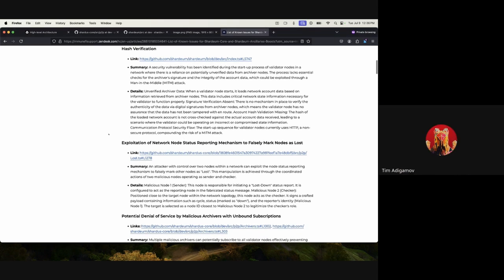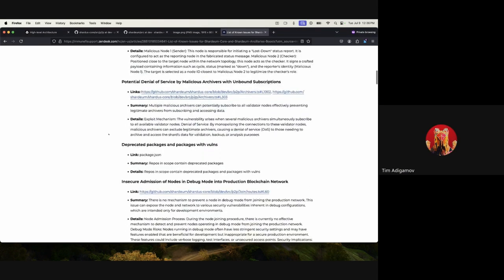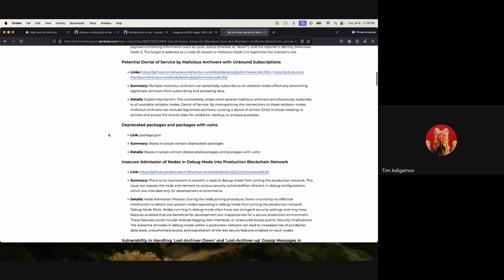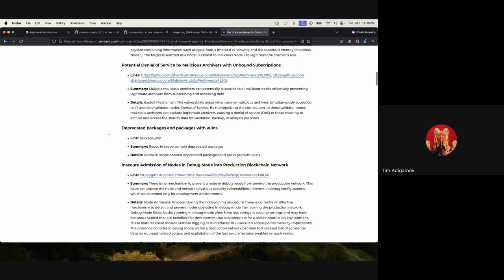Yep. So please go to potential denial of service. There is a limit here. When we have a validator network, the validators only contain a snapshot of the data and they process transactions. Our archiver is the source of history of the transactions. So we need a way to transfer this operational knowledge about the processed transactions to the archiver, which is our storage database.